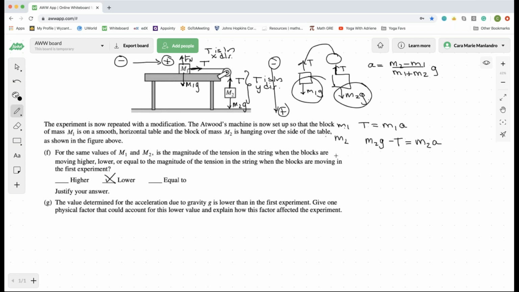Everybody with me? I've got two equations. I now get to add them. So this drops out, and then I get M2G is equal to M1 plus M2 times A. I can factor out that A, and M2G over M1 plus M2 is my A. If you wanted to plug some numbers in, you could, and then you could prove it to yourself if you wanted to.